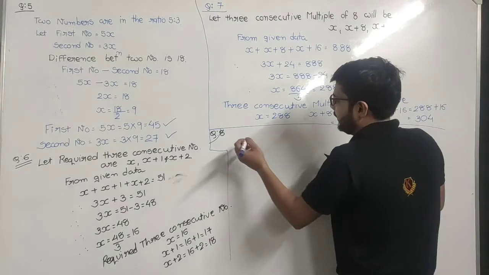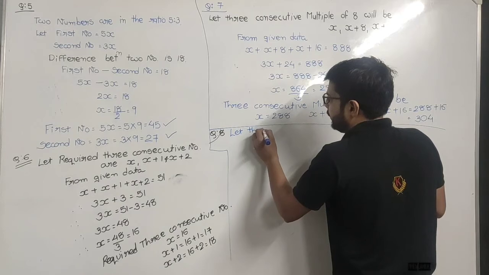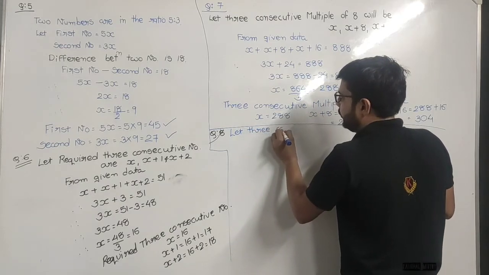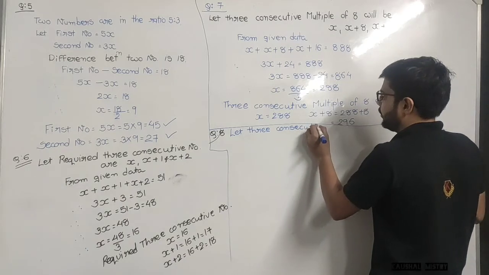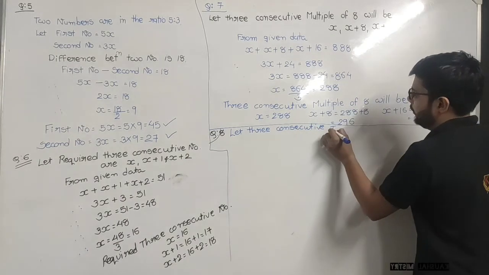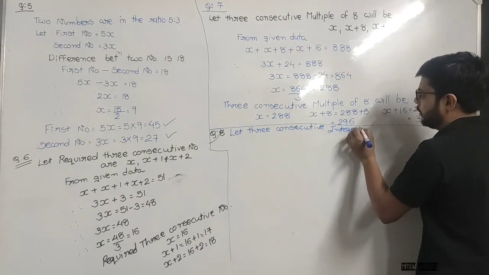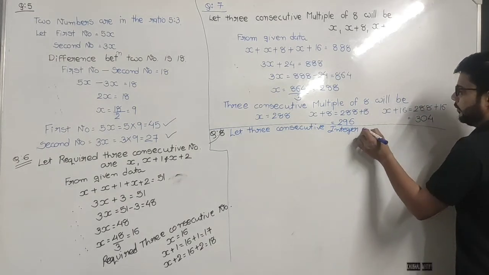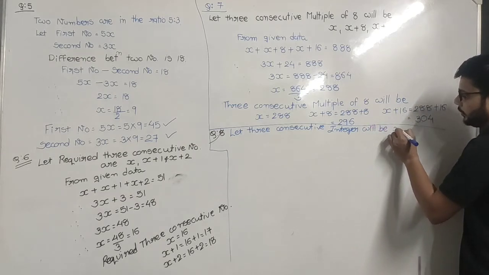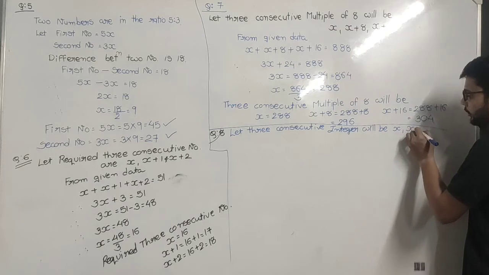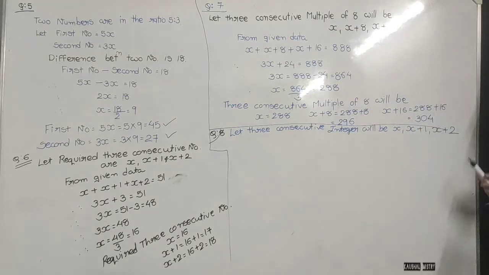Let the 3 consecutive integers be x, x plus 1 and x plus 2, right?